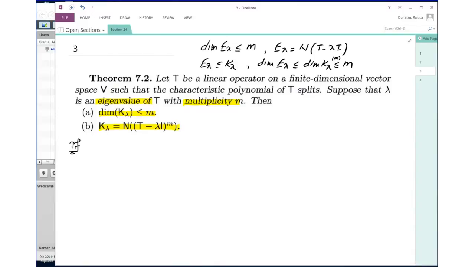So K lambda was a T invariant subspace, right? Whenever I'm dealing with a T invariant subspace, I can take the restriction of T to that subspace and it's going to become a linear operator.